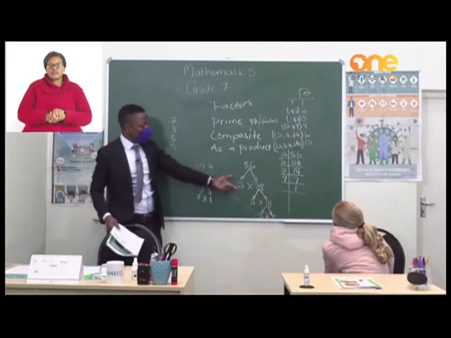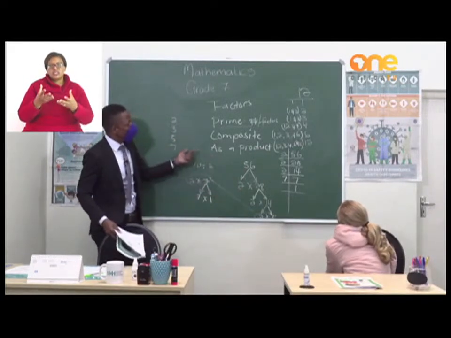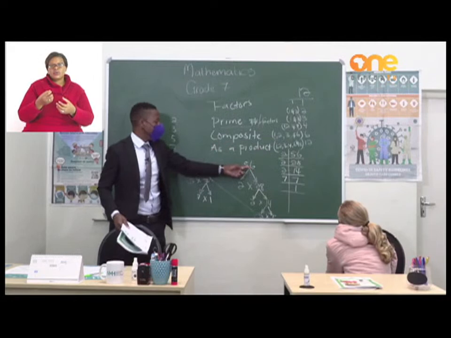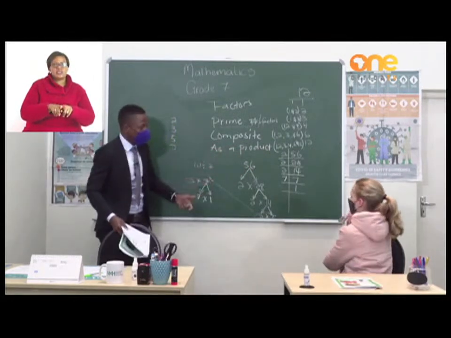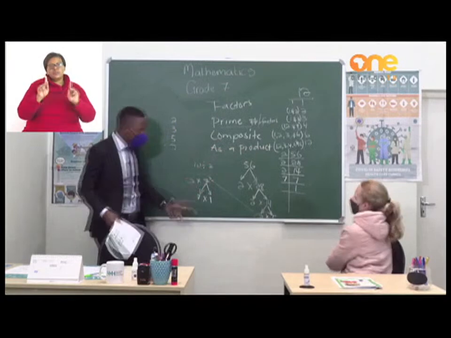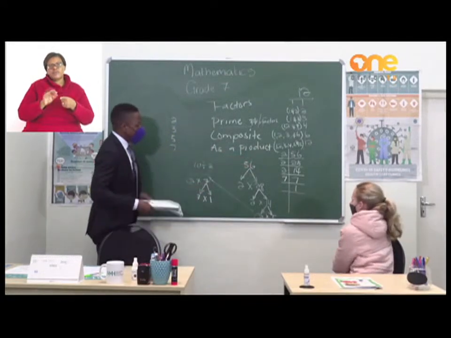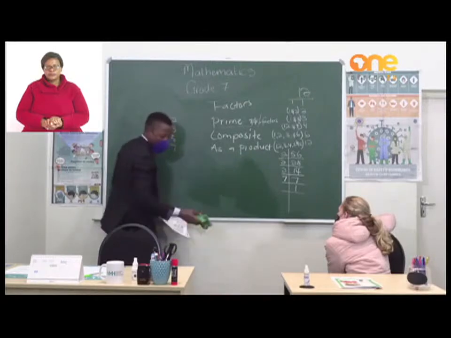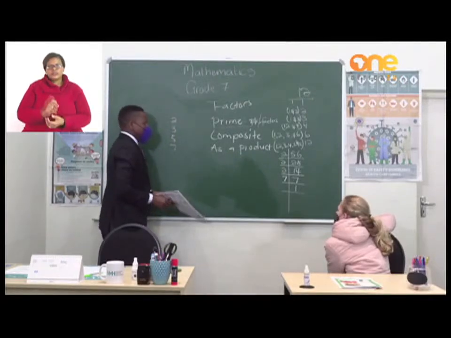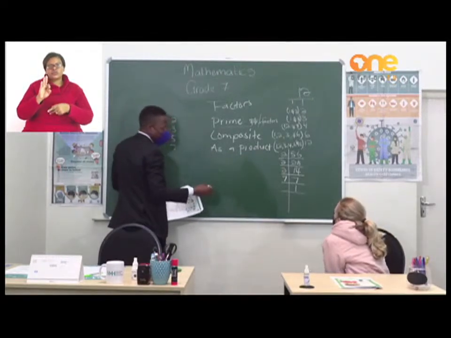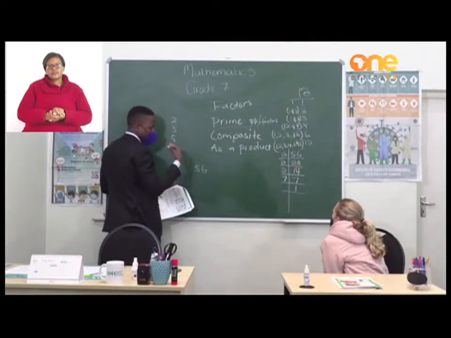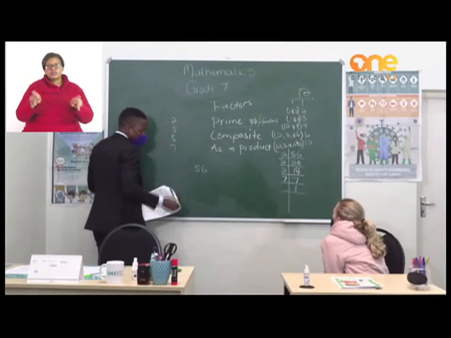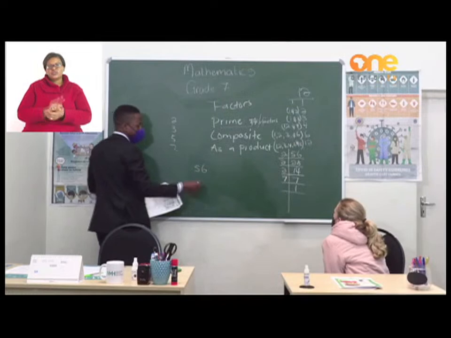But you did not give the answer to write 56 as a product of its prime factors. To answer this question, you must write it in this way. You write 56 as a product of its prime factors. A product is an answer for multiplication.